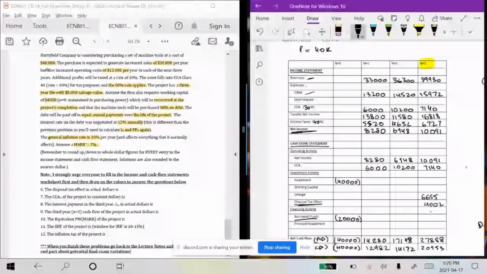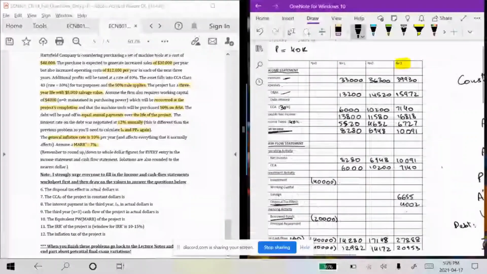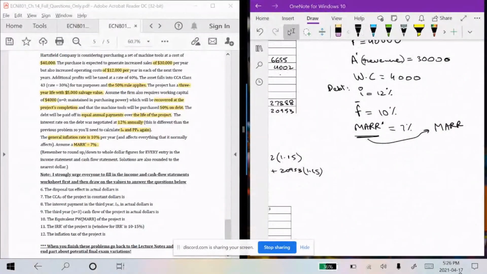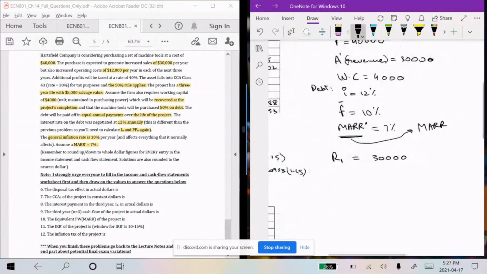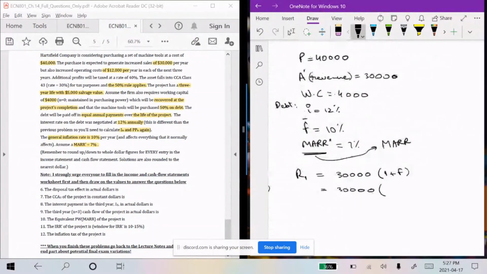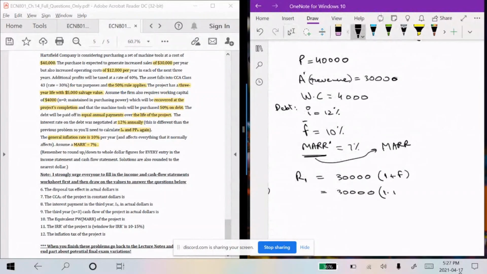In the first column, to calculate the revenue, we know the constant dollar revenue is 30,000. Now we need to convert this to actual dollars. Take 30,000 times 1 plus F, and F here is the general inflation rate of 10%, so 1.1.